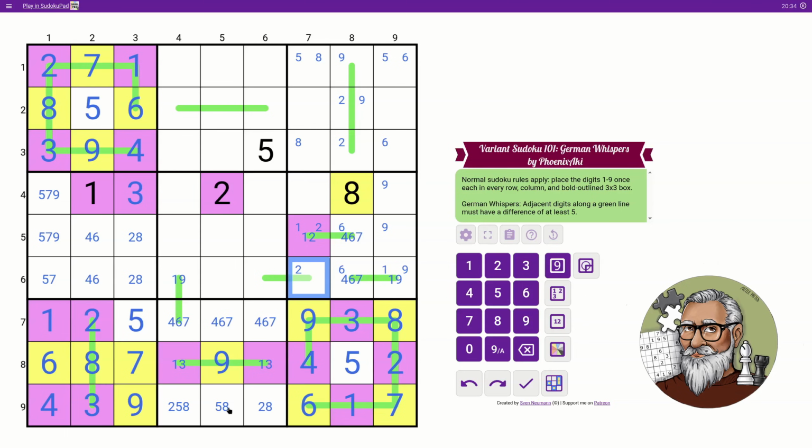I can't have 7 here anymore, can I? I can't have 7 here anymore, and I can't have 8. So the 6, 8, and 9 are not possible by normal Sudoku because they're already gone. So if this is a high digit, it has to be 7, but the 7 has to have 1 or 2 next to it. 2 is gone, and 1 is gone actually as well.